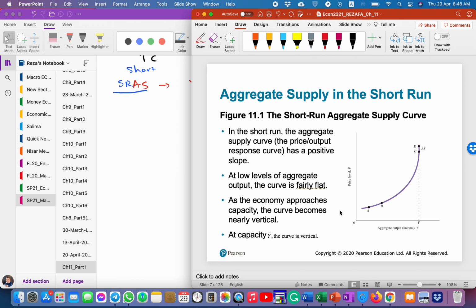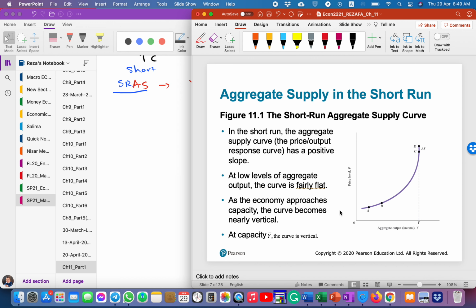In the short run, if everything else remains the same, and the equilibrium level of wage, equilibrium level of interest, equilibrium level of rents are given and are exogenous, the moment the price level picks up, the aggregate supply by all firms is going to be positively responding to the price level. So that is a low level of aggregate output.